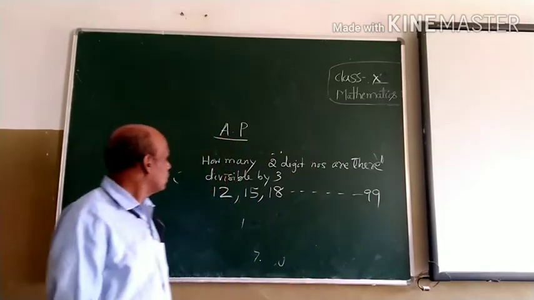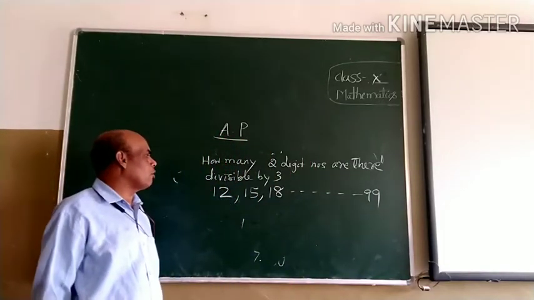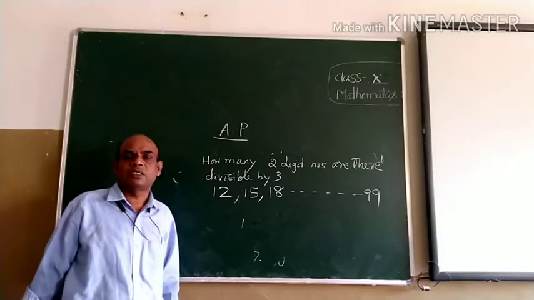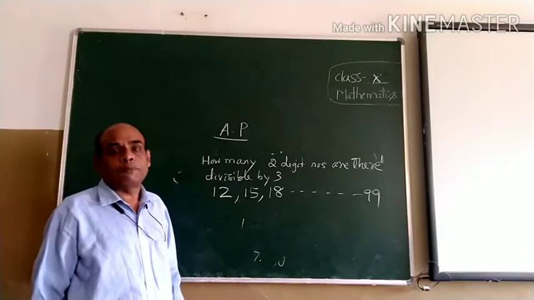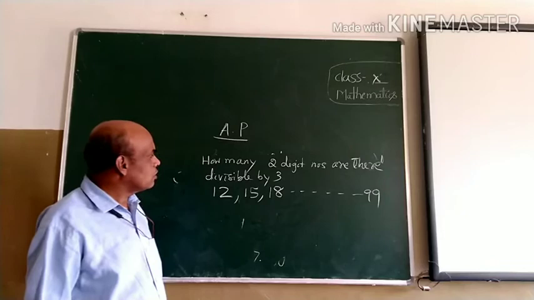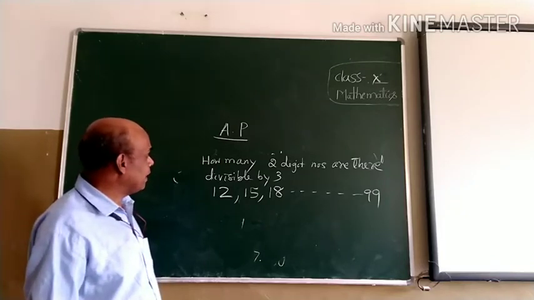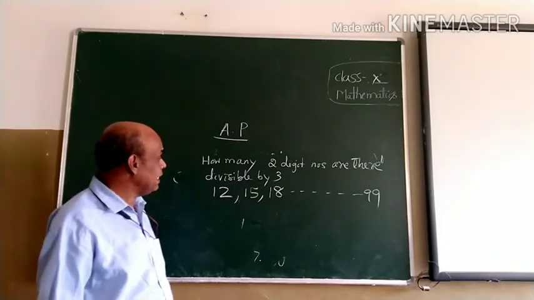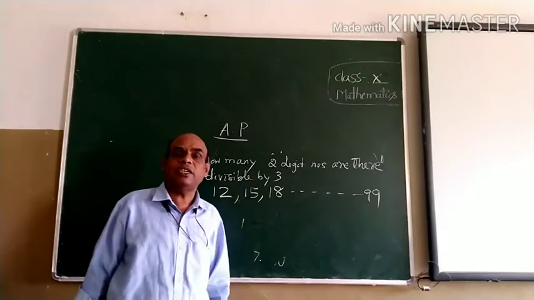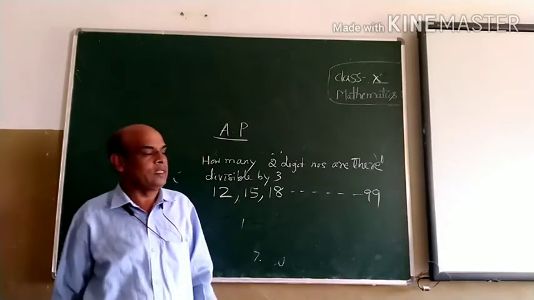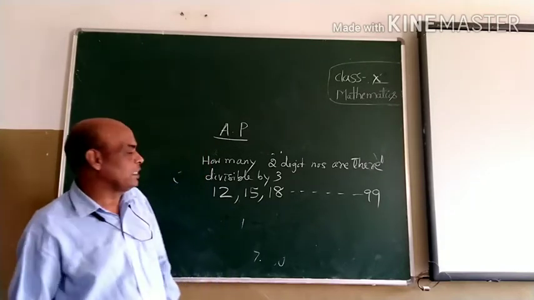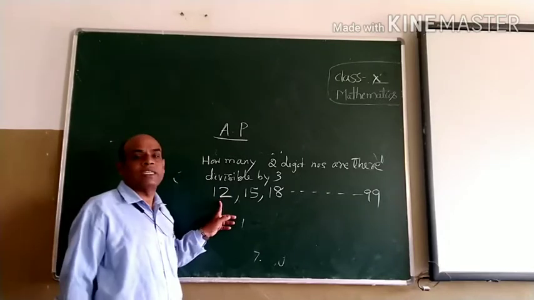Again listen, how many 2-digit numbers are there? 2-digit means after 10, and the given condition is that it should be divisible by 3. You see here 10 is not divisible by 3, 11 is not divisible by 3, 12 is divisible by 3.